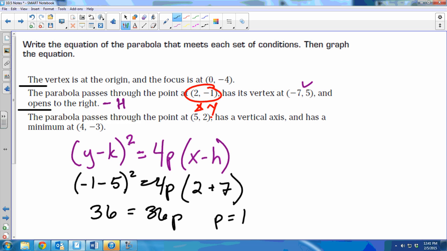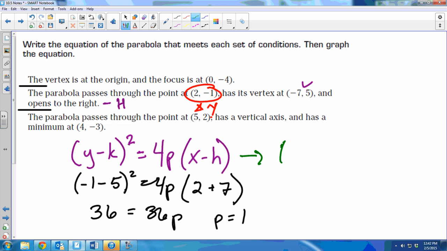So now I have to go back and actually write the equation. When you write the equation, you want to have a y and an x in your equation. You have to have an input and output. But now I have p, I know the orientation, and I have the vertex, so I can write the equation like we did in the first one. We go back through and fill it in, but this time leave out the numbers for y and x.